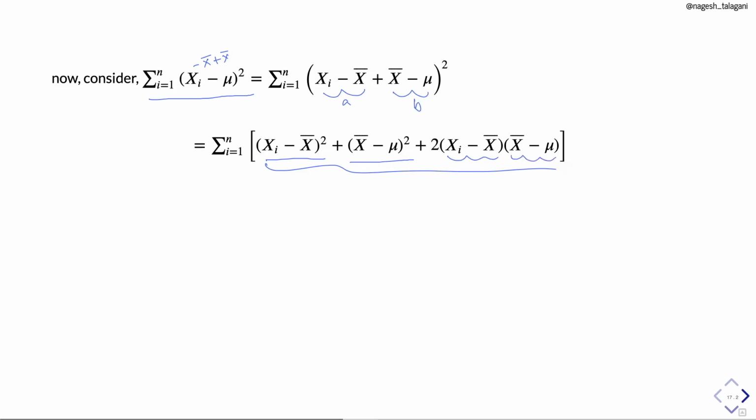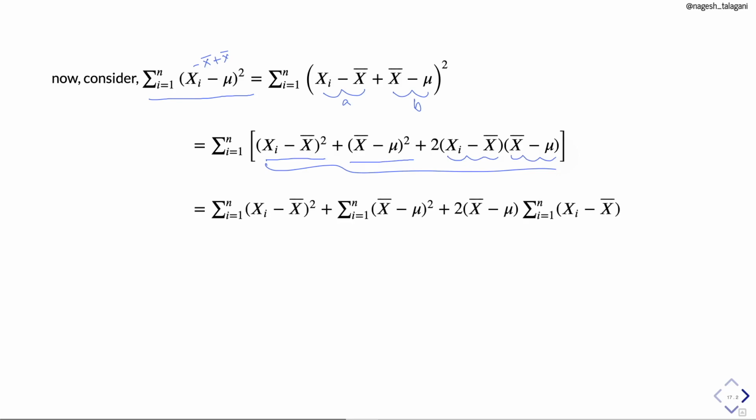If you take the summation inside, I can write it like this: summation i equal to 1 to n of xi minus x bar whole square, plus summation i equal to 1 to n of x bar minus mu whole square. This you can write as n times x bar minus mu whole square, plus 2 times x bar minus mu, which is common to each term in the summation, times summation i equal to 1 to n of xi minus x bar.